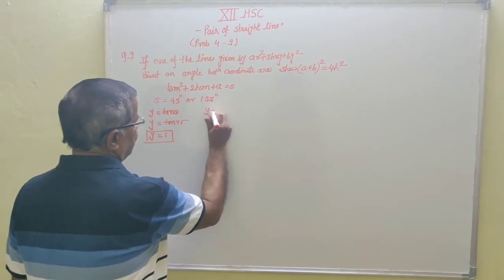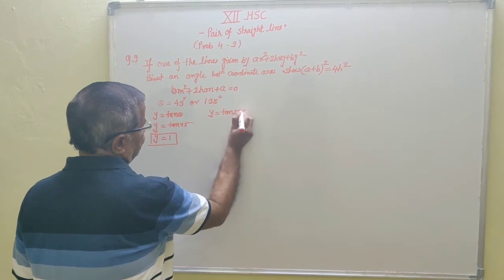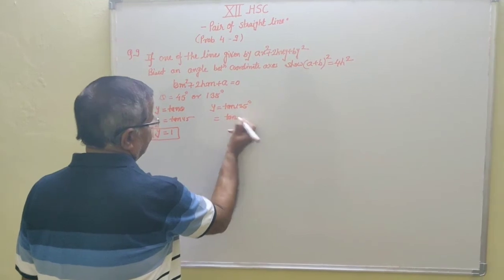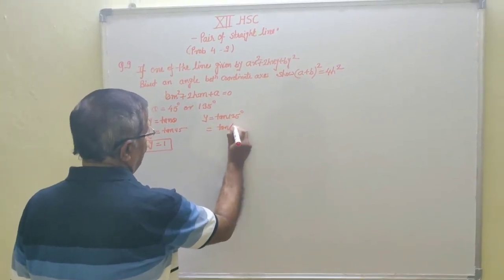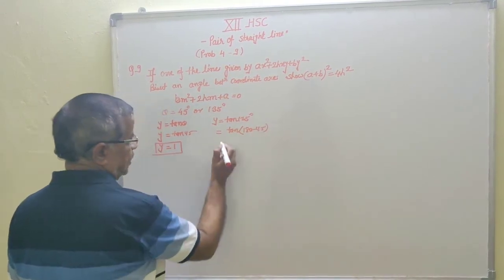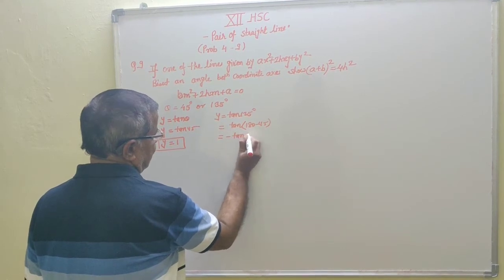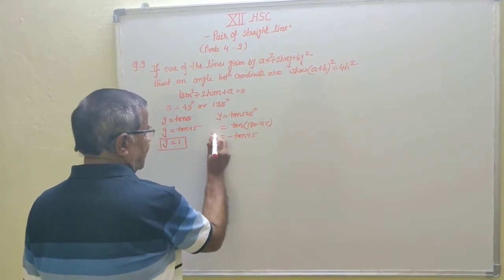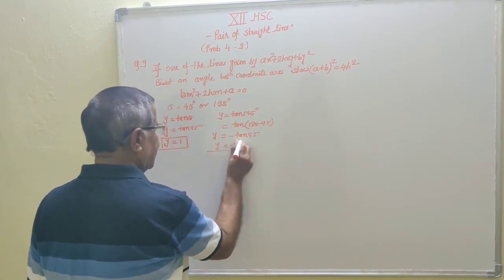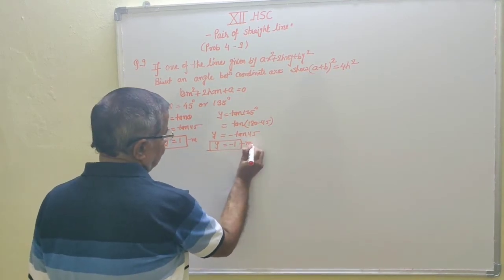For tan 135, which is greater than 90 degrees, I will convert this to tan(180 - 45). So what will come here? Minus tan 45, so the slope is -1. This is my second slope. This is also a value of m.